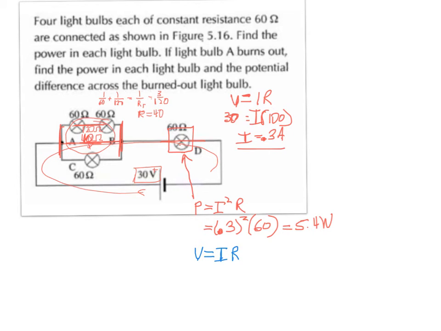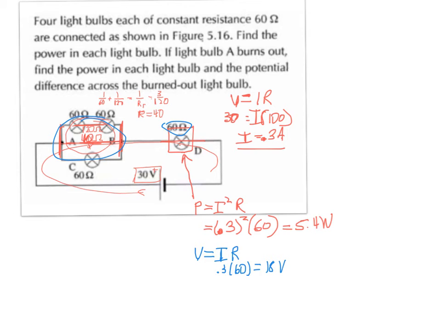The current will be 0.3, the resistance is 60. So I get 18 volts, which is more than half, which makes sense because this was 60 ohms and that whole thing over there was only 40. So most of the potential is being used up here.